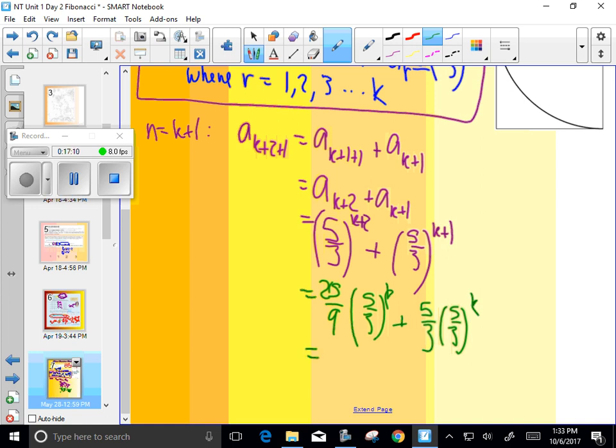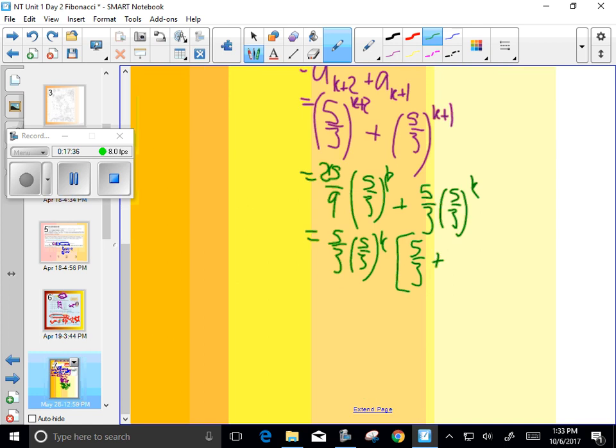So if I took out a 5/3 to the k, what's going to be left here? If I took out this and 5/3, what's left? 5/3. What's left here if I took out a 5/3 and a 5/3 to the k? 1, right? Or 3/3. Are you okay with that?